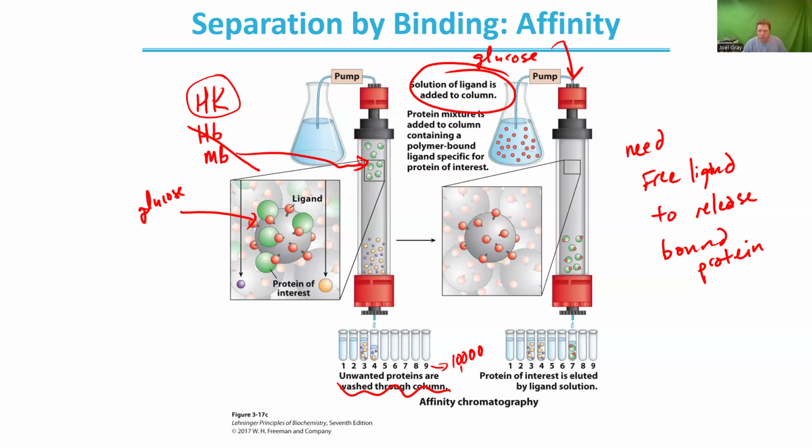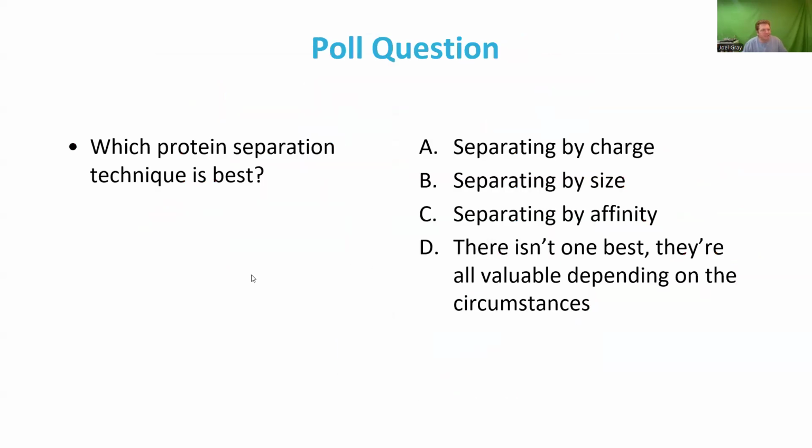Okay, now we're going to go on because this is a question people always love to ask. It's a good question. Which separation technique is the best? Separating by charge, so ion exchange chromatography, separating by size, gel filtration, or separating by affinity. Or there isn't one best, they're all valuable depending on the circumstances.